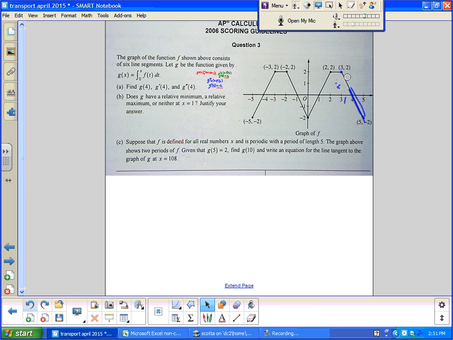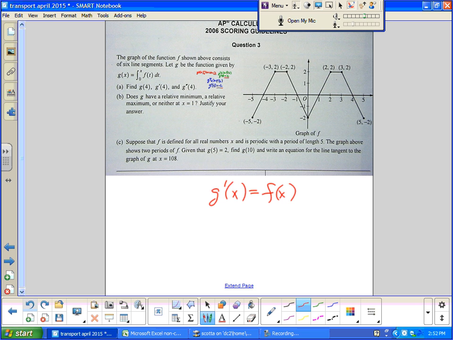The next one, letter B. Does G have a max, min, relative max, or relative min, or neither at x equals 1? All right, justify your solution. All right. I see, again, from the first problem, that G prime of x is equal to f of x.